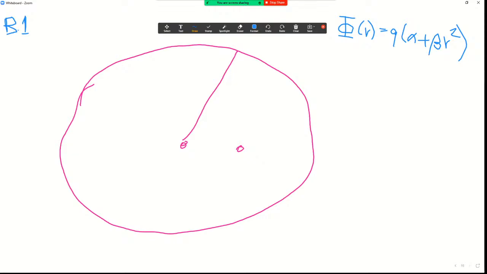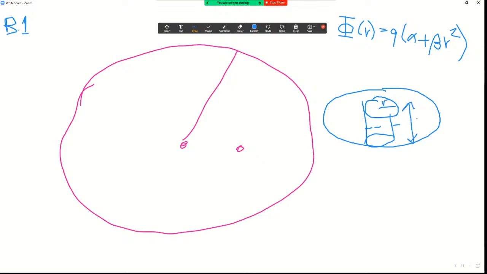Can you draw that? See, like this goes down on the plane. And then this is like radius r and 2z.